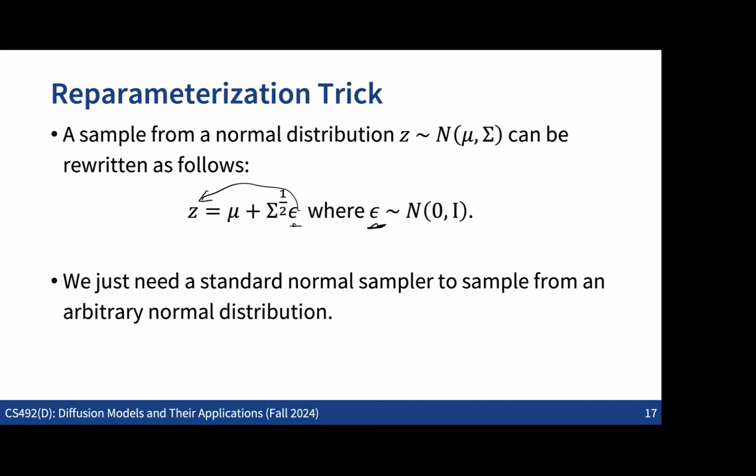So if we want to make lots of samples from any arbitrary normal distribution, we just need a sampler from the standard normal distribution. If we can sample points from the standard normal distribution, we can map these points into the data points of the other target normal distribution, which means that we don't need to have code for all kinds of Gaussian distributions. We just need the code for the standard normal sampler, and then we can map this into any arbitrary normal distribution.